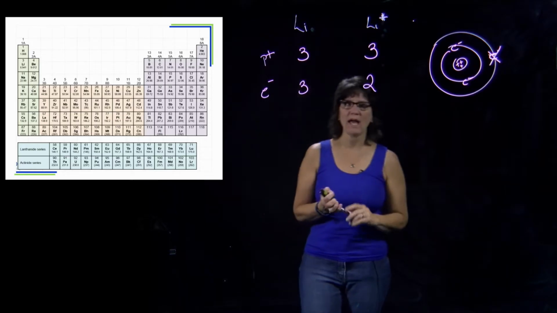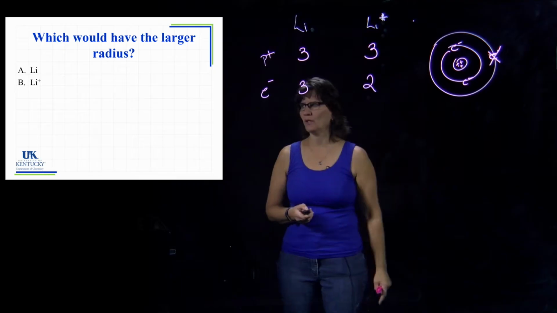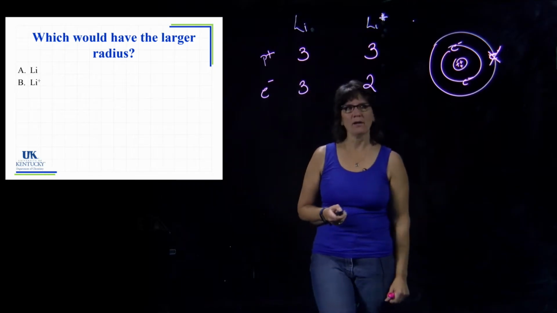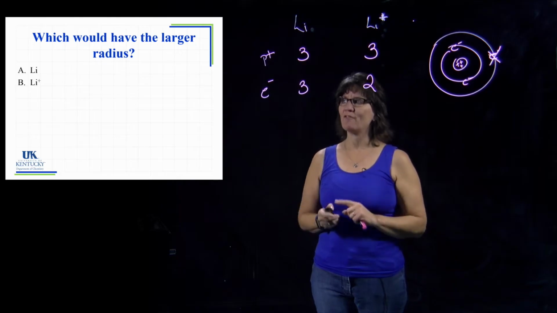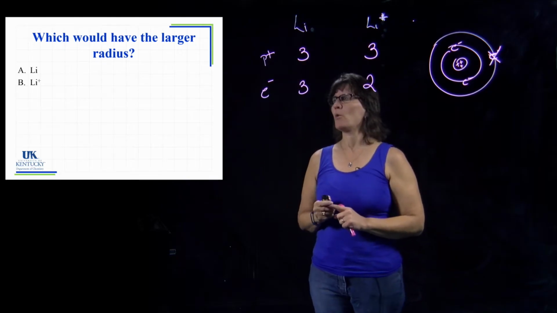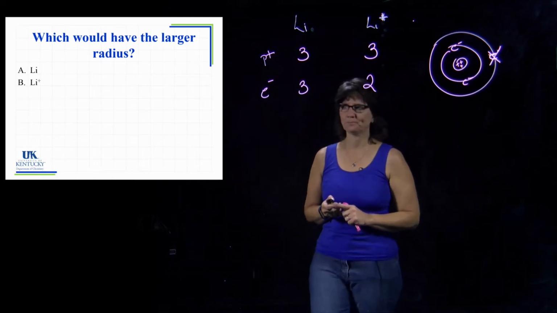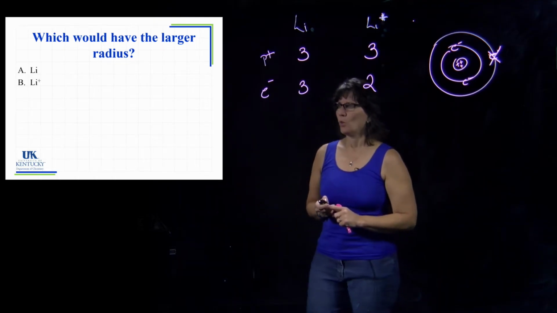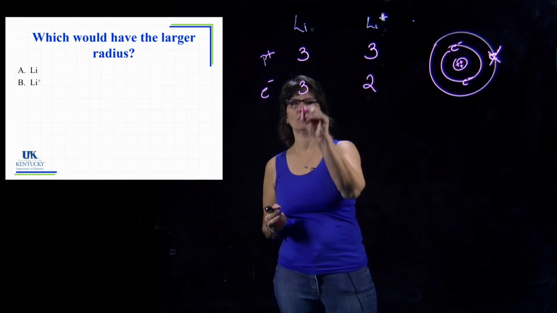What would you think would happen to the size when you turn into a cation? So thinking about what I just went through as an argument, I want you to choose which would have the larger radius. Would it be lithium the atom or lithium plus? Well, I'm very hopeful that you put lithium the atom would be larger.